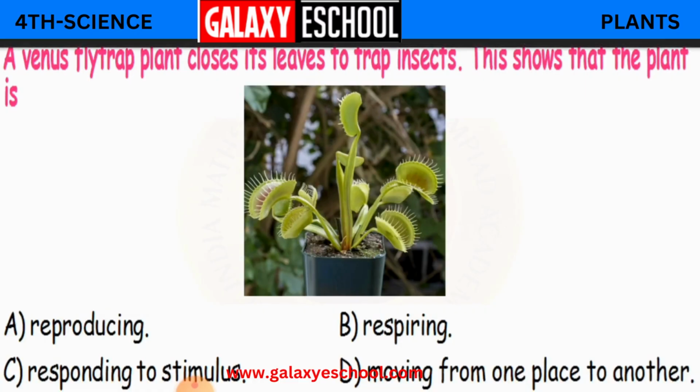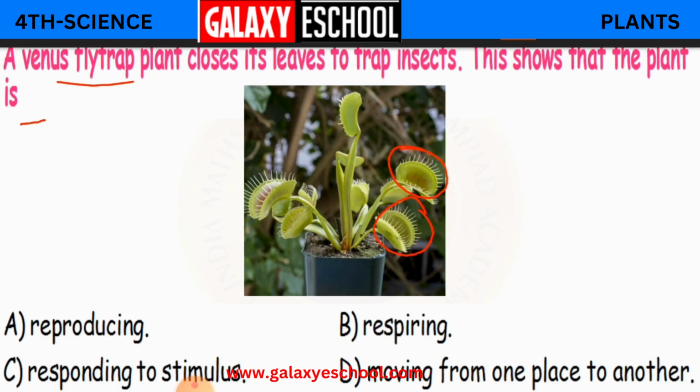And the next question. A Venus flytrap plant closes its leaves to trap insects. See here, you can see a Venus flytrap plant, children, which closes its leaves after trapping the insect.